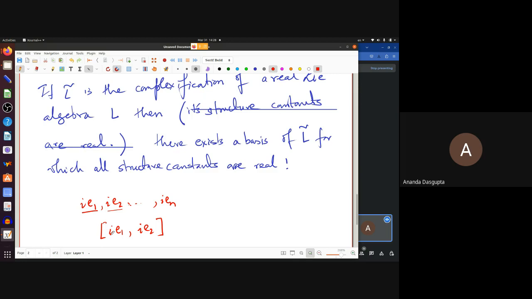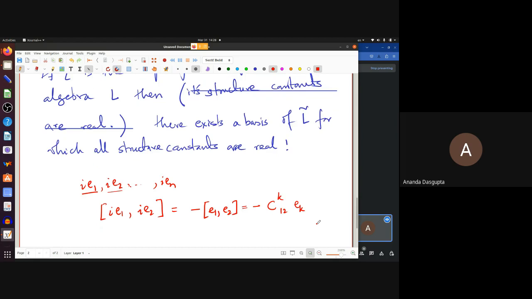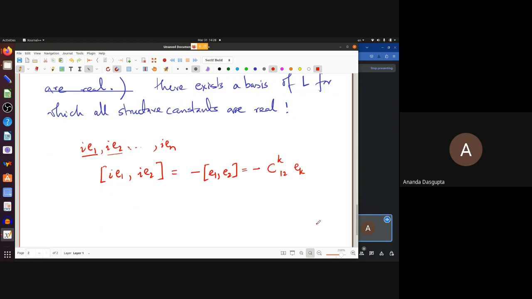But our rule before is basically the same as pretending that i is just a number and multiplying, with i squared being minus 1. This is minus the bracket of E1 and E2. And remember, in terms of our original structure constants, this just becomes C^k_12 E_k. The C^k_12 were the structure constants of L, real numbers. So in this case, are the structure constants real or complex?